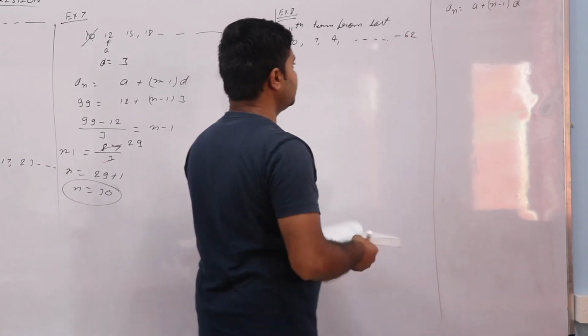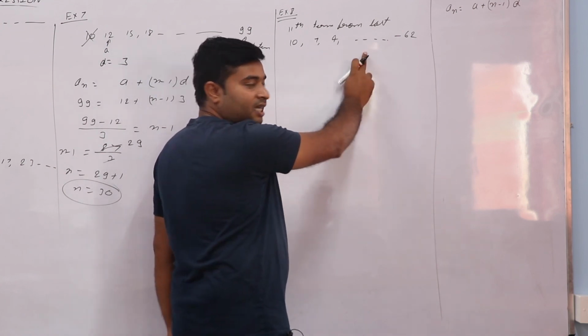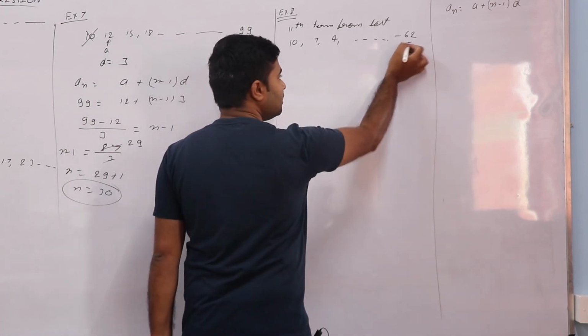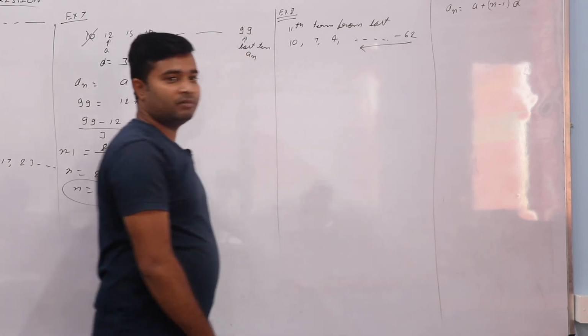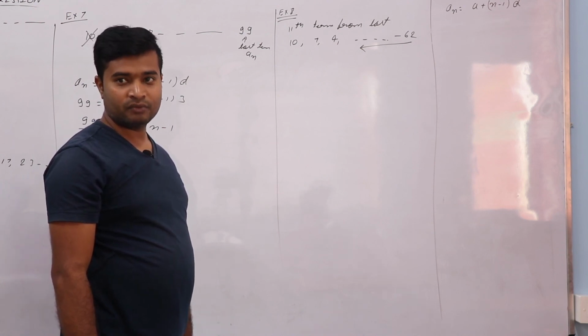Minus 62 means we should not find from here, we should find from this side, from minus 62. And which term? The 11th term.